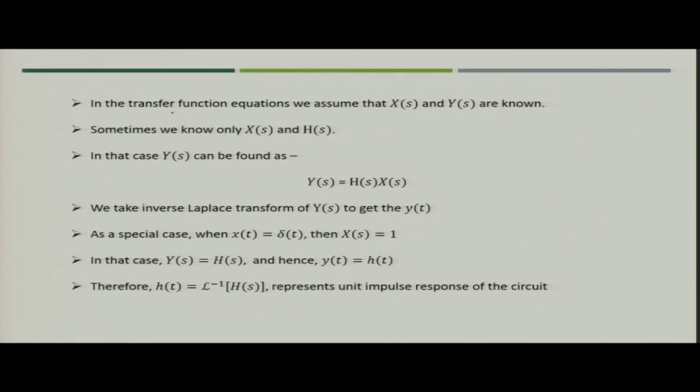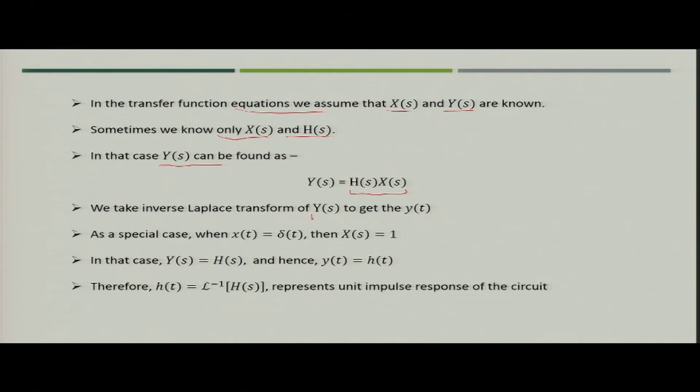Now, in the transfer function equation we assume that X(s) and Y(s) are known to us, but sometimes it can happen that you know only X(s) and H(s), that means you know only the input and the transfer function of the circuit. In that case you can find the value of Y(s), that is the output response of the circuit with respect to the given input. So, you will say that Y(s) is nothing but H(s) into X(s).